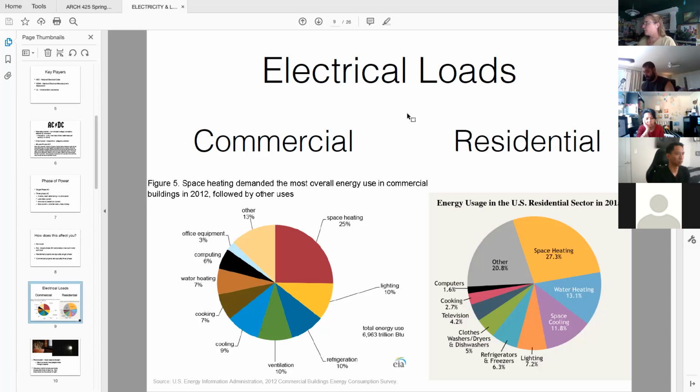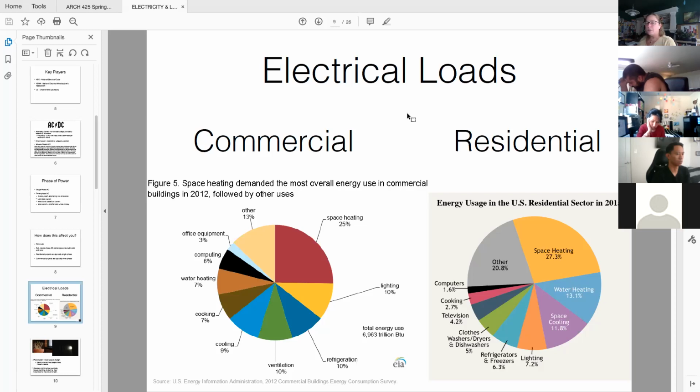And it differs a fair amount between commercial and residential. Space heating's about the same, 25, 27%. Cooling is 9%, 11%, so it's a little bit bigger on residential. The loads are a bigger chunk of your electrical pie.